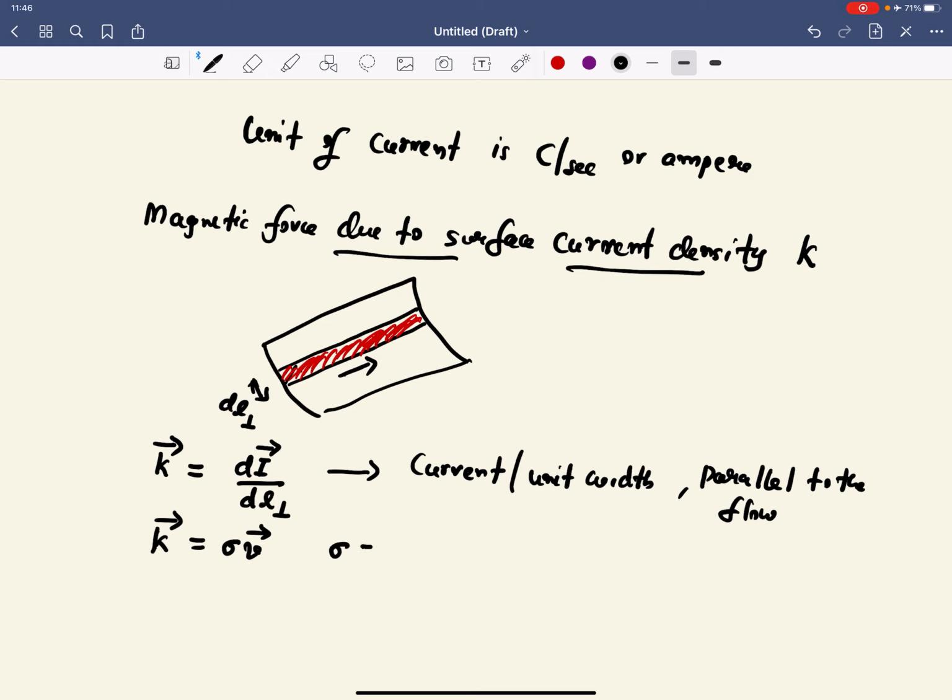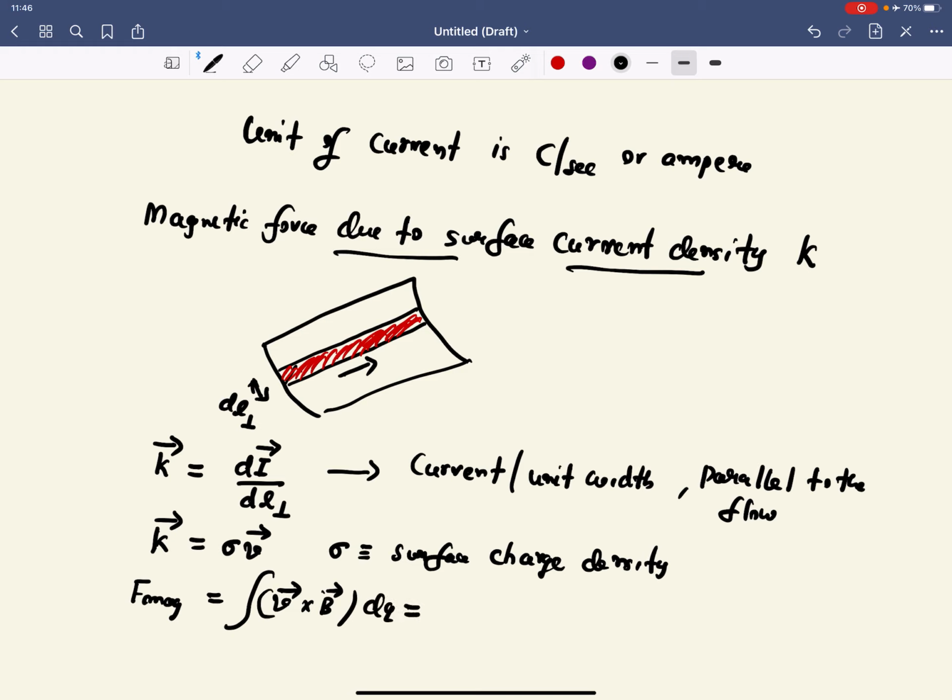Sigma is the surface charge density. So the corresponding magnetic force F mag is equal to the integral of V cross B into dq.